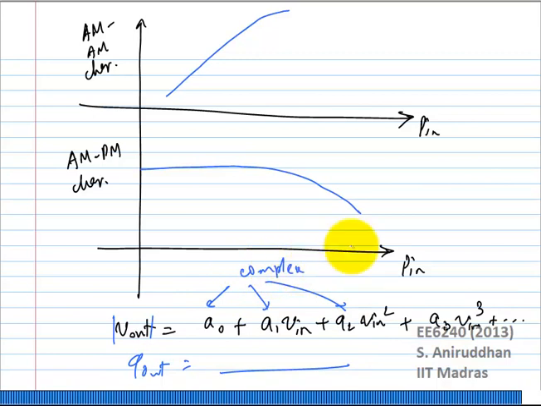But really what you are interested in is, if you actually vary the input voltage or the input power, how much does the phase actually change? Is the output phase a function of the input amplitude or the input power? Okay.